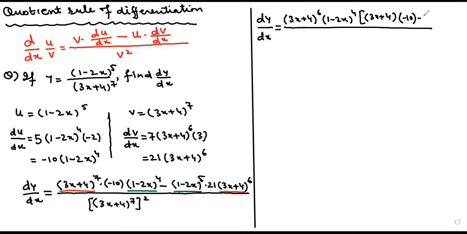Minus, we have shifted 4 powers, so (1 minus 2x) power 1 into 21. We have shifted 6 powers of (3x plus 4) outside as a common. In the denominator, we have (3x plus 4) power 14.